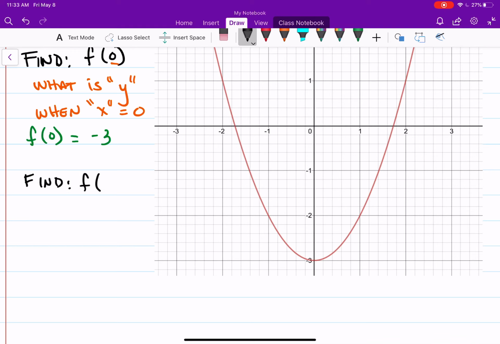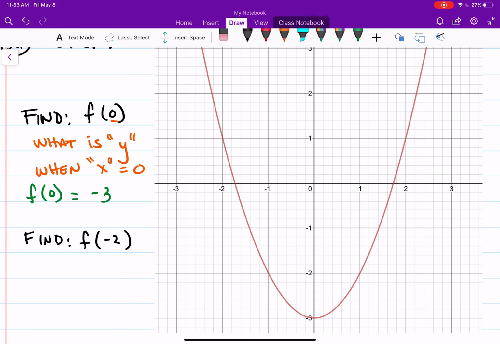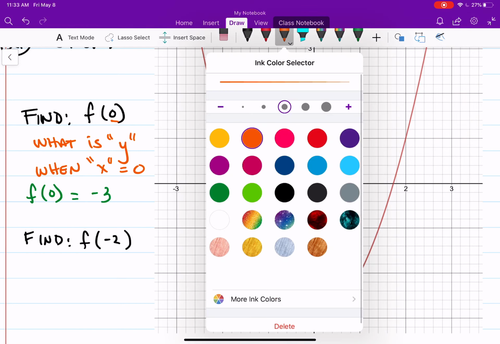Okay, what if I say find f of -2? Okay, so another way of thinking about it is, again, using that vertical line would be a good idea. Actually, let me do it with this.